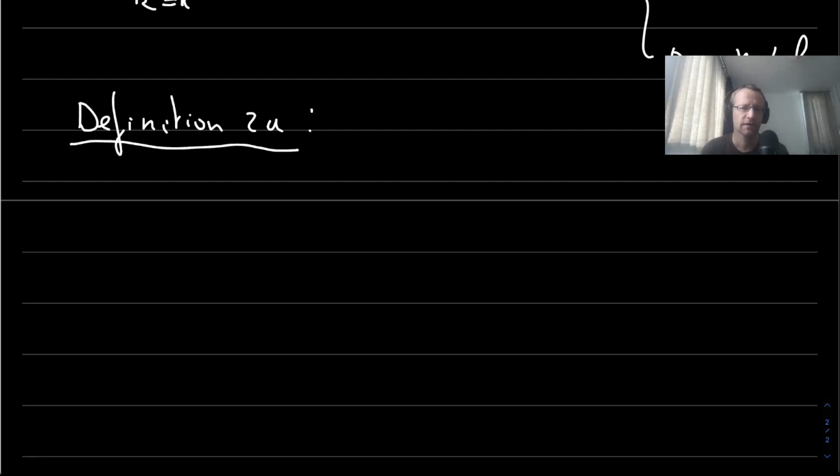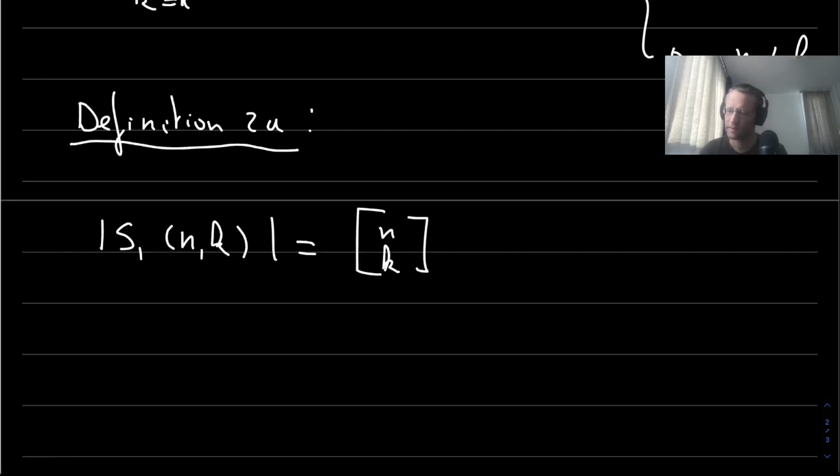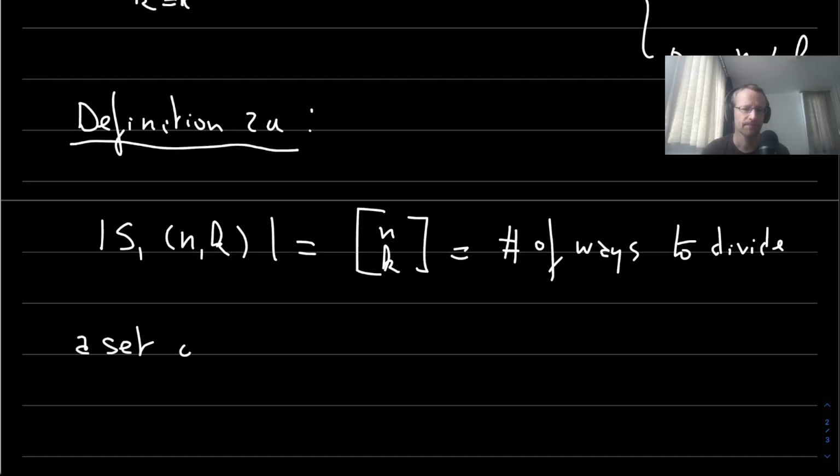For the first kind Stirling numbers, we will say that the absolute value of these numbers, which we'll denote as [n, k], is the number of ways to divide a set of n elements into k cycles.